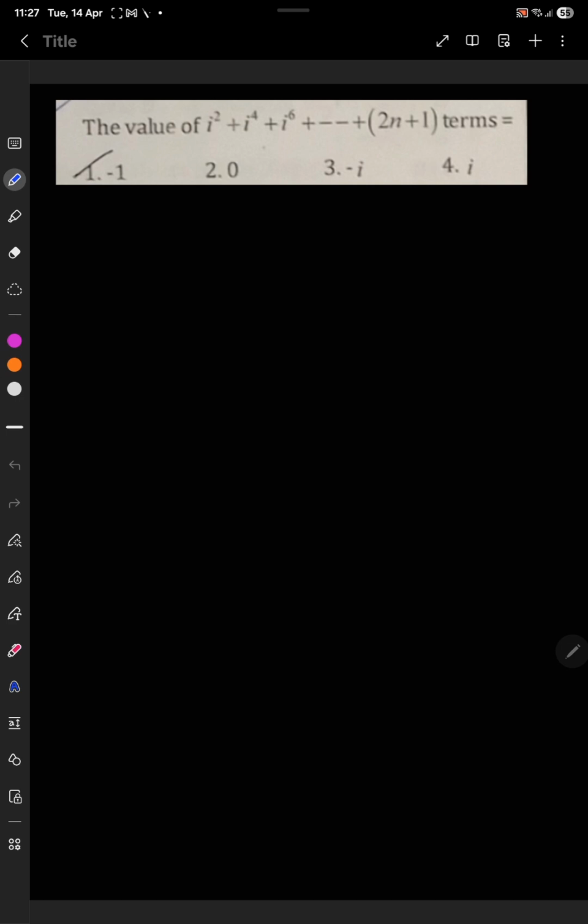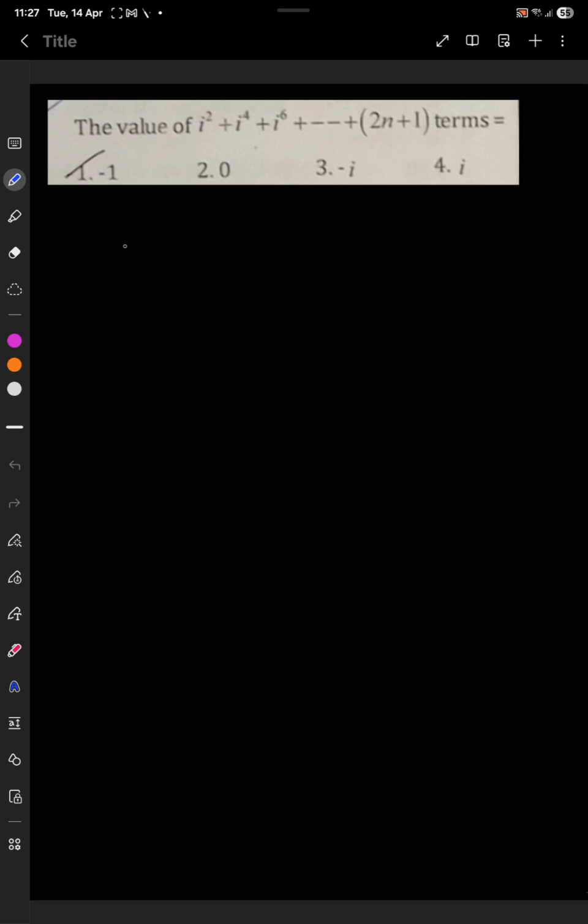In this problem, given that i square, i power 4, i power 6 and so on, 2n plus 1 terms. 2n plus 1 terms means odd number of terms. So by taking n equal to 1, we get 2 plus 1, that is equal to 3 terms.